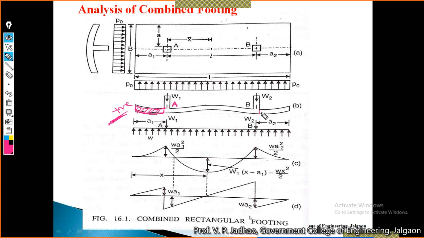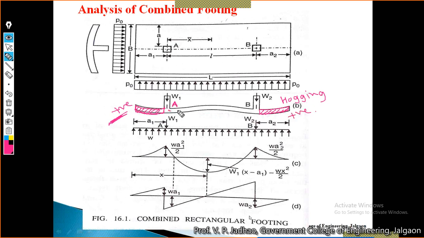Again, if you see this particular portion, the bending pattern will be like this: some hogging portion, then sagging portion, and then hogging portion, if we are having two columns. Now this portion is again a hogging portion, therefore this will again be a positive bending moment.